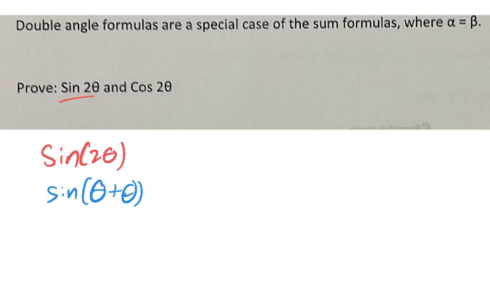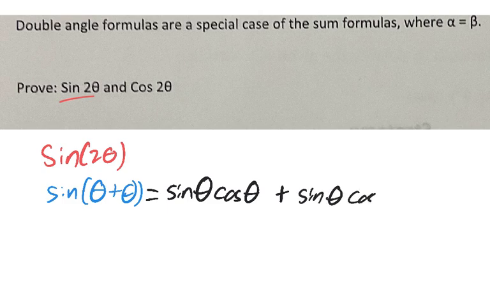This is my alpha, this is my beta. Well, alpha and beta this time are the same thing. So using the sum and difference formula that we learned from section 2, this would be sine of alpha cosine of beta plus sine of beta cosine of alpha.